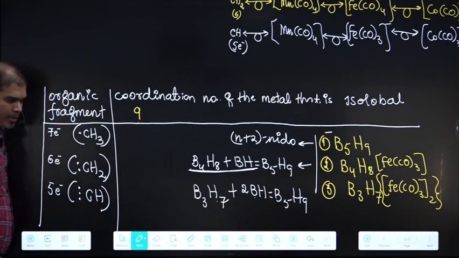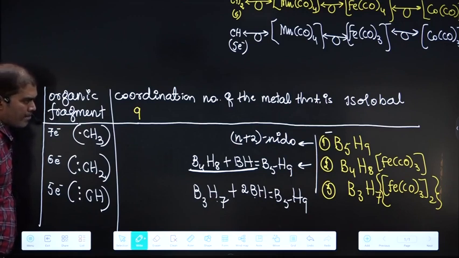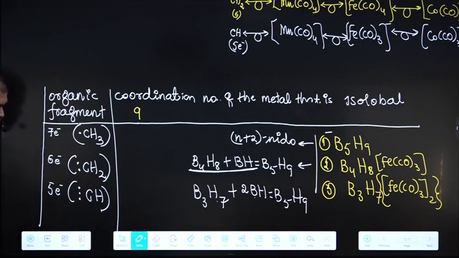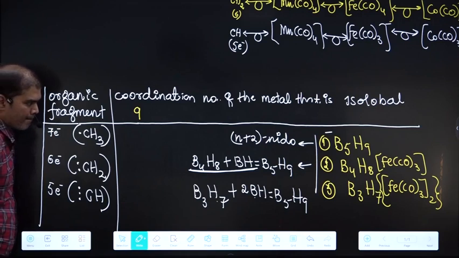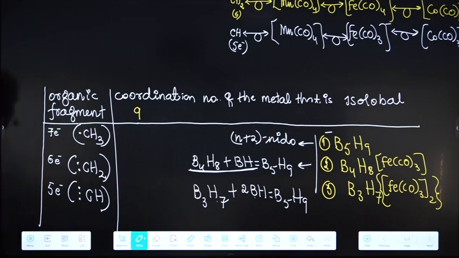Let me see how many of you can understand this table. B4H8 plus BH, B3H7 plus 2BH, it is equivalent to a B5H9. So all are nido. Okay.